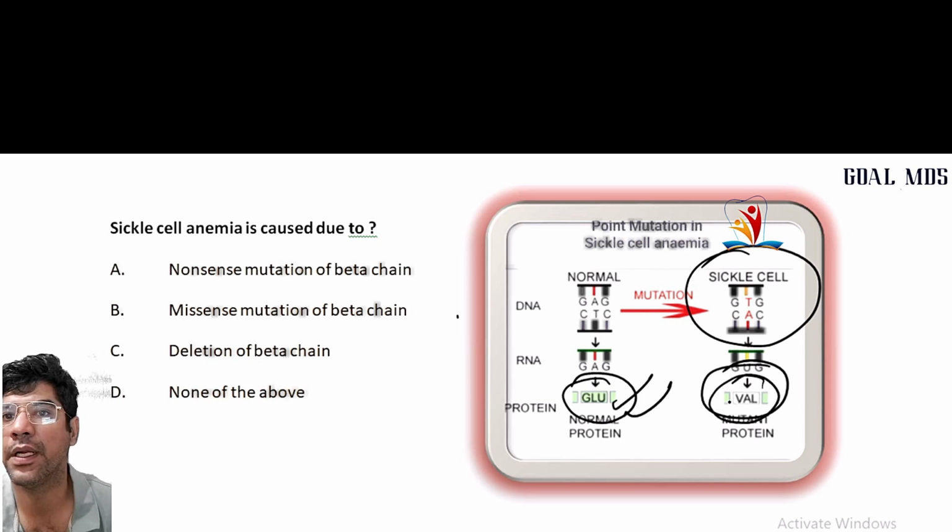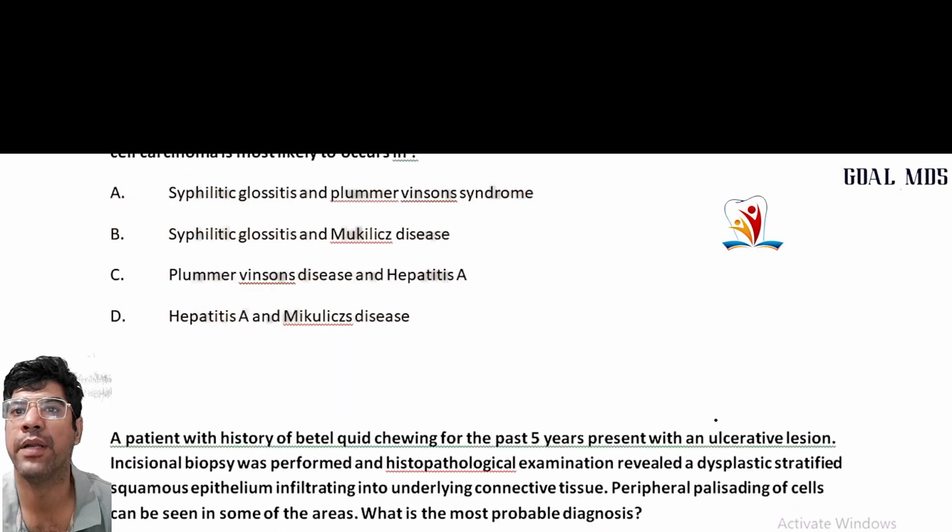So the normal protein contains glutamic acid and it is replaced by valine.